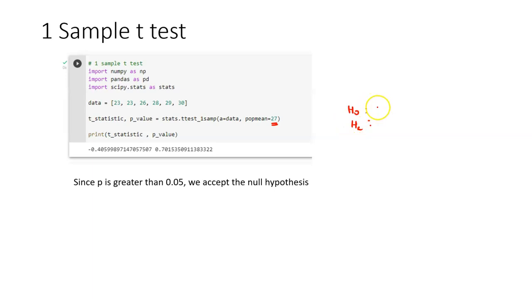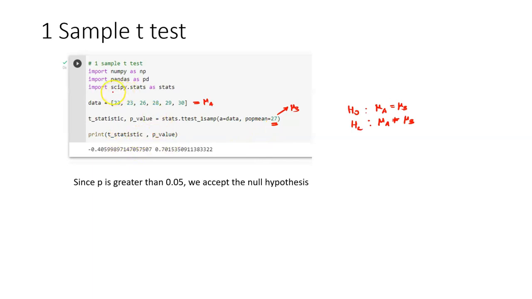Null hypothesis says that the average, let's call it mu A, is equal to mu B. I'm calling the average of the sample mu A, and this 27 I'm calling mu B. Alternate hypothesis is mu A is not equal to, different from, mu B. That's what we are trying to prove, and the opposite of that is the null hypothesis. So you compute the t statistic and p-value.